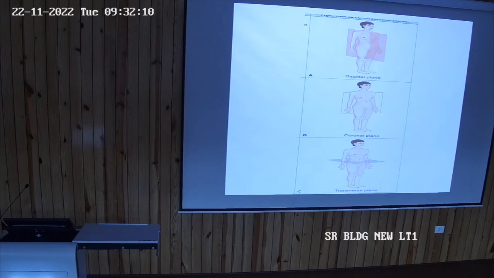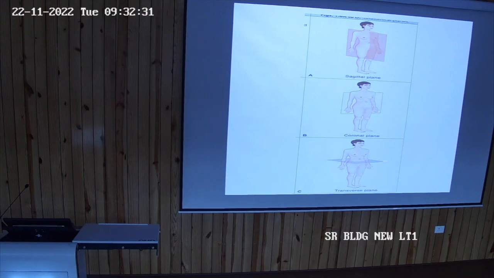If the plane is passing like this, it will divide the body into anterior half and posterior half. So this is called the coronal plane.